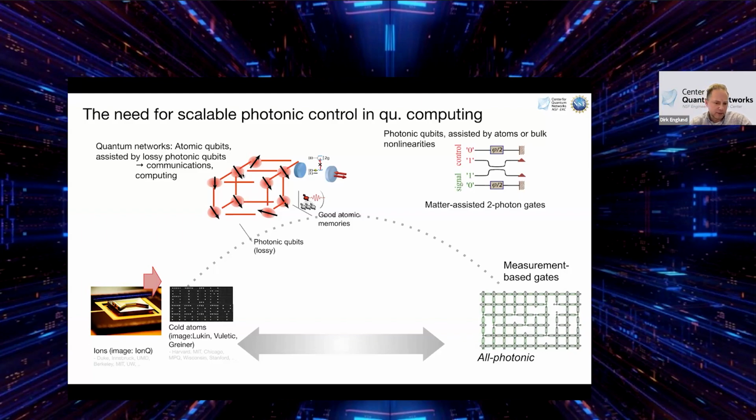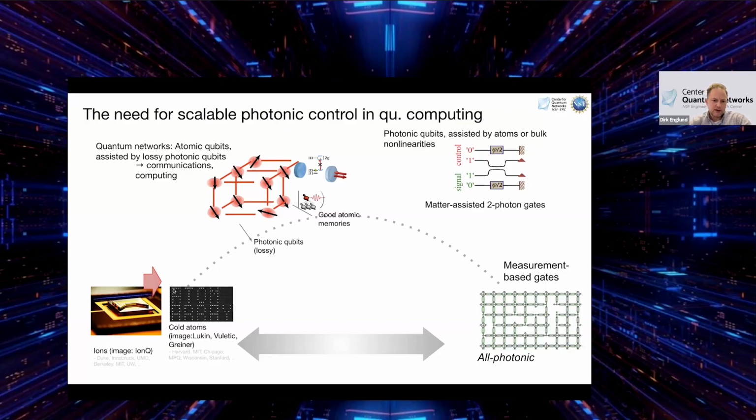Here I'm showing you an image from a laboratory of my collaborators in some work, Mikhail Lukin, Vladan Vuletic, and Markus Greiner, that positions ultra-cold atoms, in this case made of rubidium, cooled to microkelvin temperatures in vacuum, into arrays of atomic systems, where again the internal state represents a qubit.